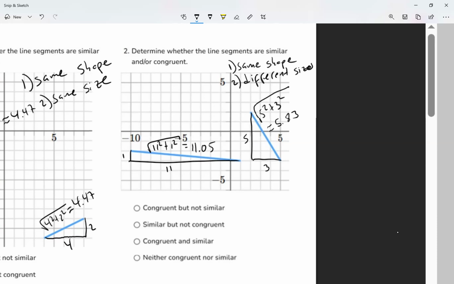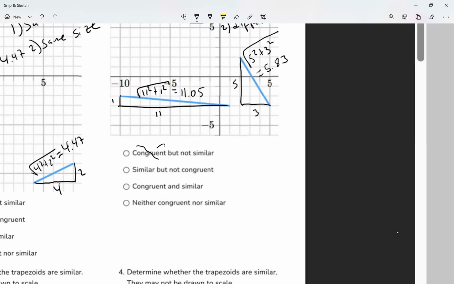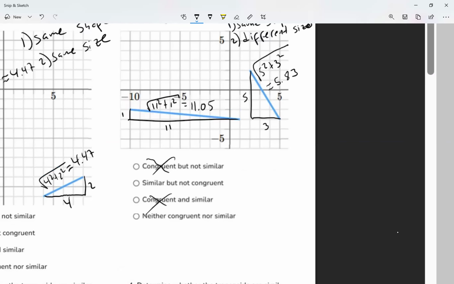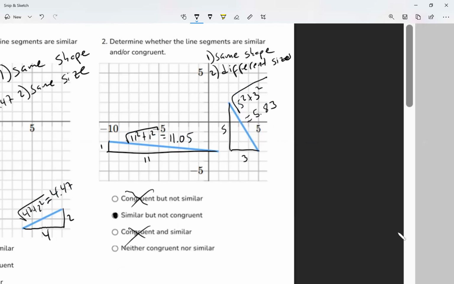They look like line segments, so same shape. They're just different sizes, right? One of them is 5.83, the other one's 11.05. So definitely not congruent. It is similar though. I'm going to choose this right here. It is similar because they have the same shape and can be different sizes. They're similar, just not congruent.